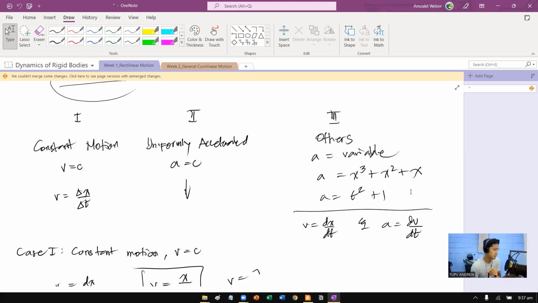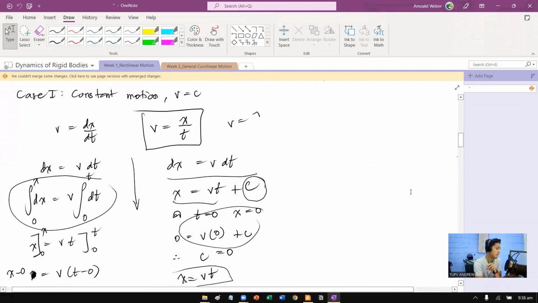And then for the third type of motion, we have what we call others, because in this category, there is not a single equation that can rule them all. The equations are unique for each behavior of motion.